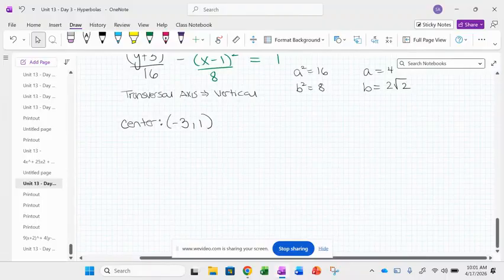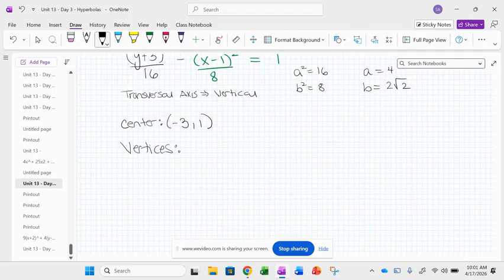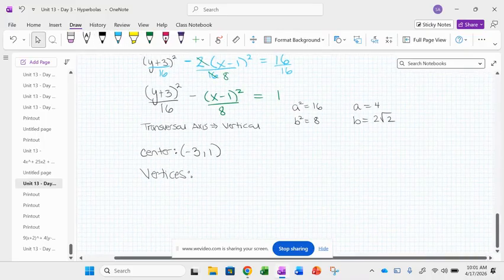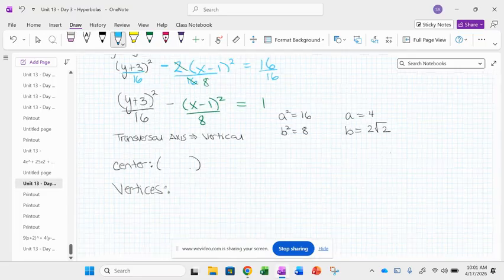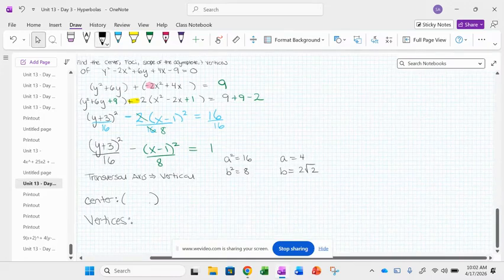Before I find the foci, I want to find the vertices. What do you think I should go back and find that will help me find the vertices, Amanda? Sure. If the center is h. Oh, sorry, guys. I didn't even catch that. Yes, your center is not negative 3, 1.